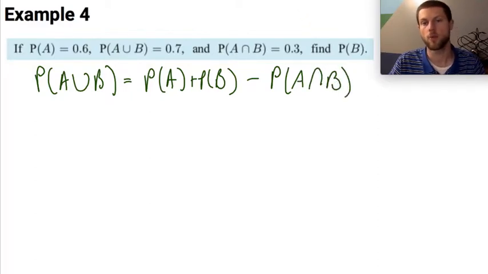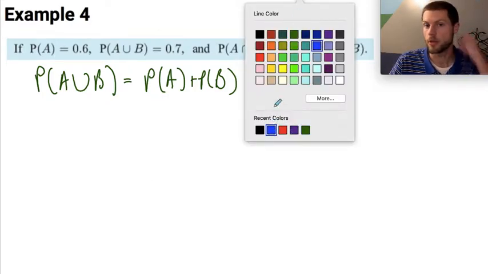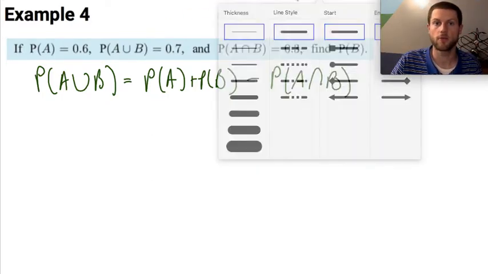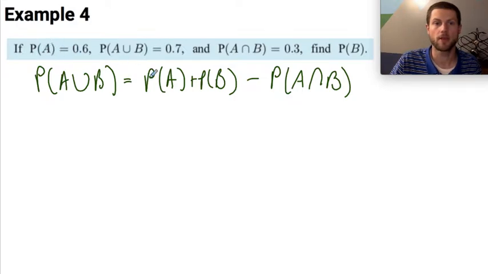And really at this point my strategy is to fill in everything that I know. So let's see what I know. The probability of A is 0.6, so this is going to be 0.6. The probability of A or B, the union of those two sets, is 0.7. The probability of A and B is 0.3, so I'm going to subtract 0.3.